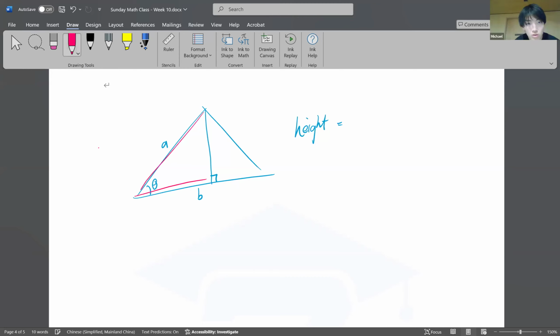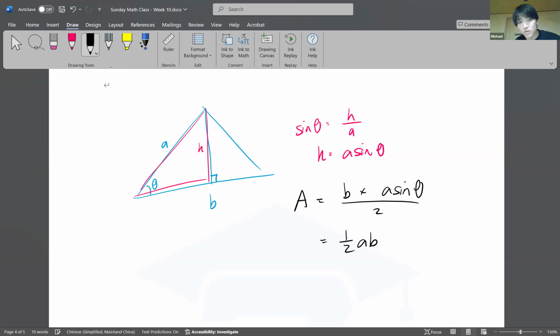This gives you the area, and that's actually the formula for the area of any triangle, given one angle and the two sides that form it. So area equals base, which is B, times height, divided by 2. Rearranged, we get half AB sine theta, a very elegant formula.